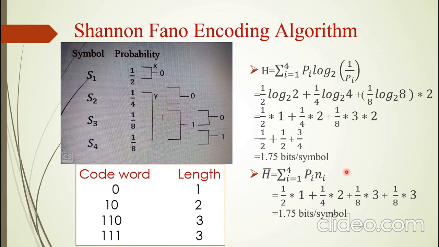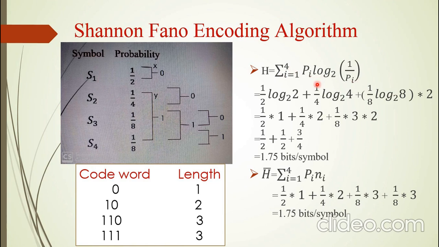So H is the entropy, that is summation of i equal to 1 to 4. Why is it 4? Because 4 symbols are there. So summation of i equal to 1 to 4, pi log base 2 1 by pi. Let us have this calculation first.